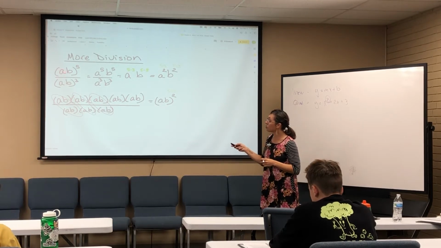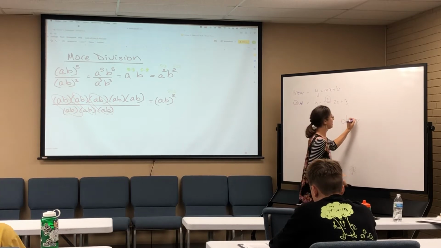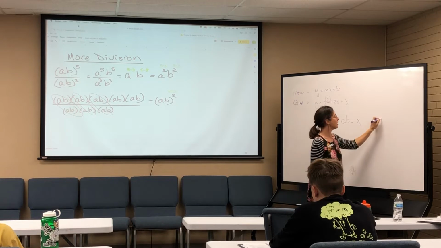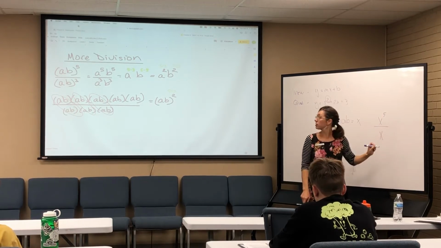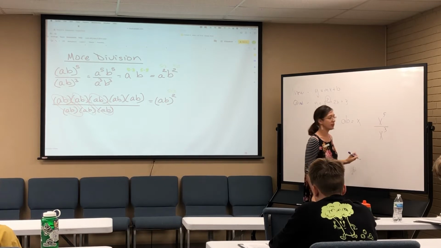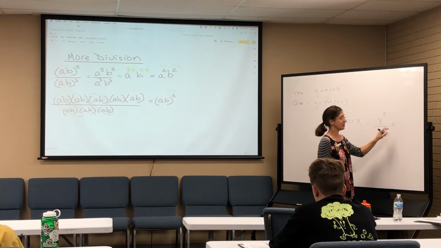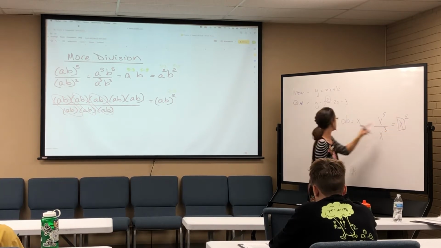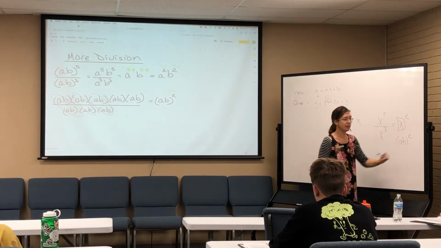Or because we could look at this AB as maybe an x, right? So if I'm substituting, I could say what I really have is x to the 5th over x to the 3rd, which would leave me 5 minus 3, x squared. And oh wait, I called x AB, so I'm just replacing that.